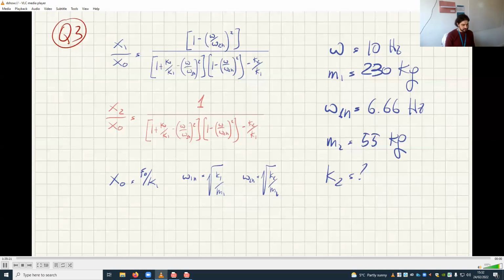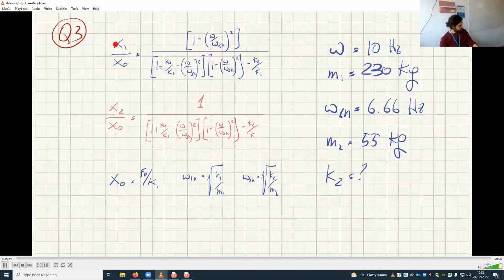All right, so we want to find K2. We know that this is the amplitude of vibration of the jig screen when we connect the absorber. And we know that we want this to become 0 because we can select an appropriate K2 so that this thing becomes 0.